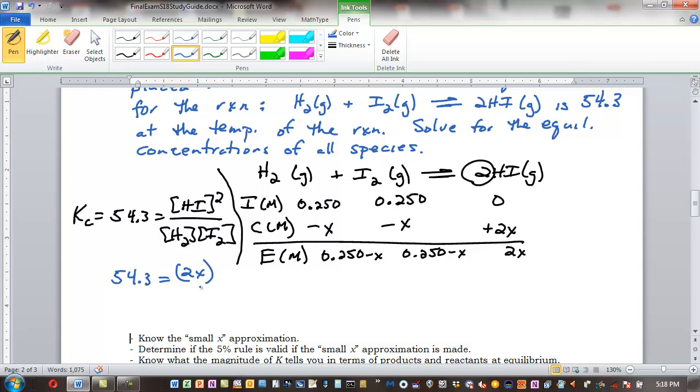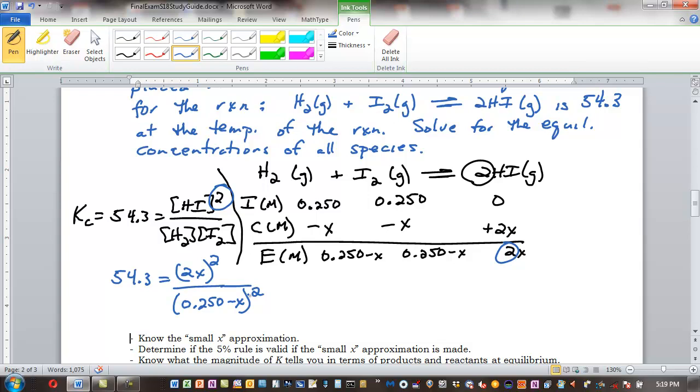We have a coefficient of 2 for hydrogen iodide. We see it in the 2x term, and we also have a squared term in our equilibrium expression. So we see that 2 here and there. So it's 0.25 minus x times 0.25 minus x, which is 0.25 minus x quantity squared.